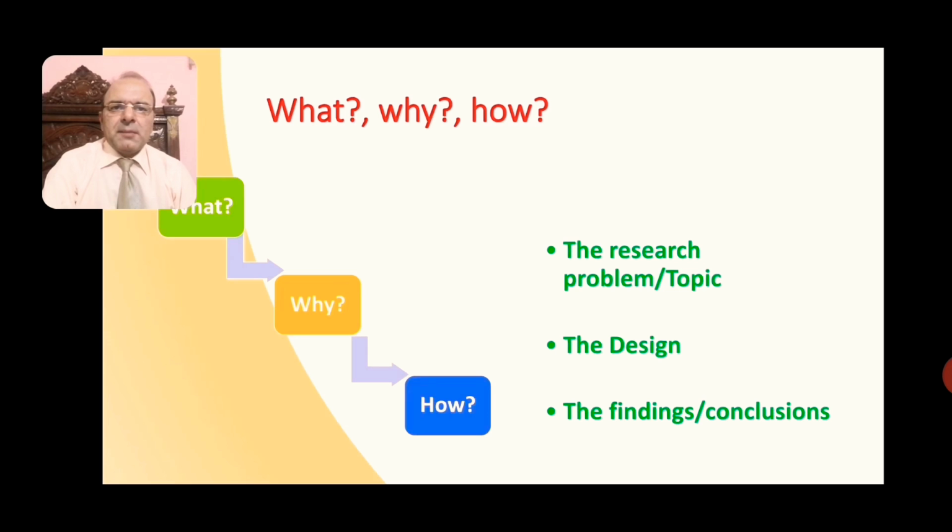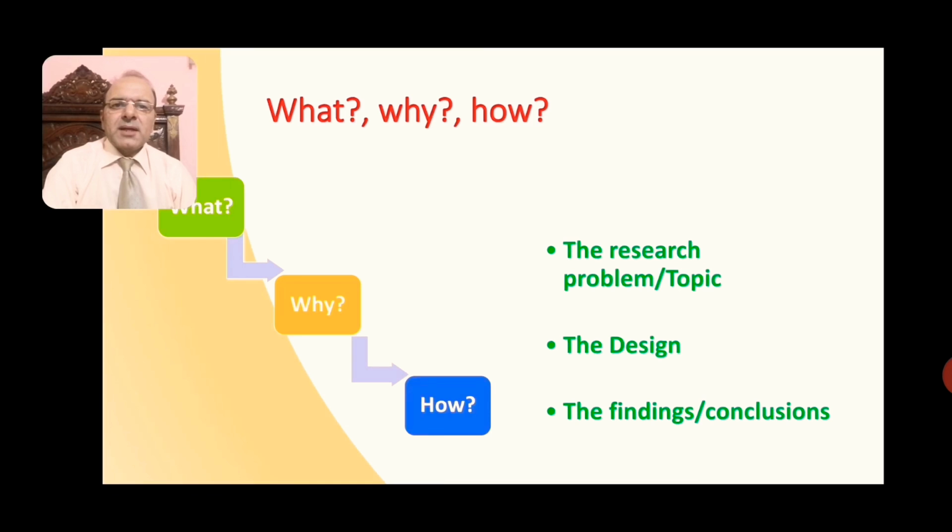And so basically, in terms of structuring the research thesis, the what, why, and how are important questions. What you are doing, how you will do it or how you did it, and why you did it or why you want to do it. These are fundamental questions that will help a lot in structuring your research thesis.